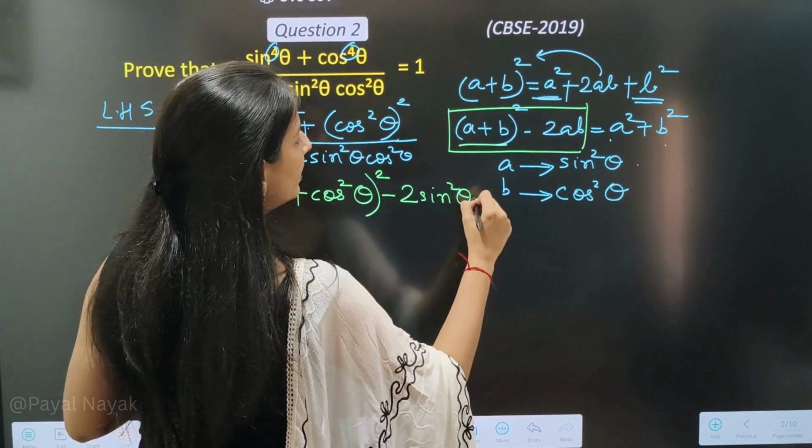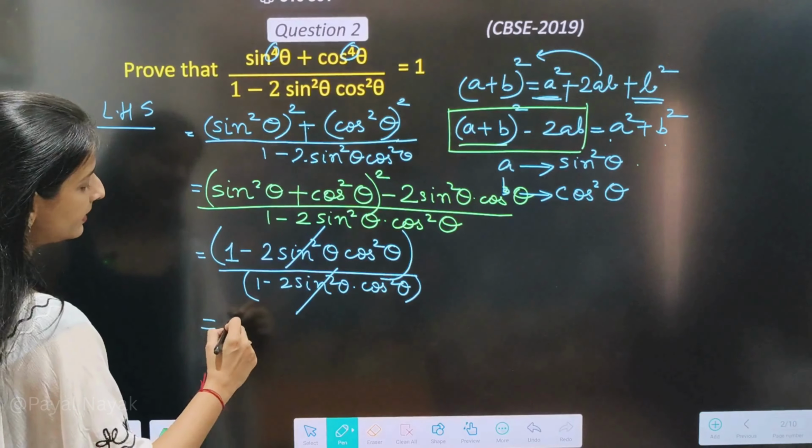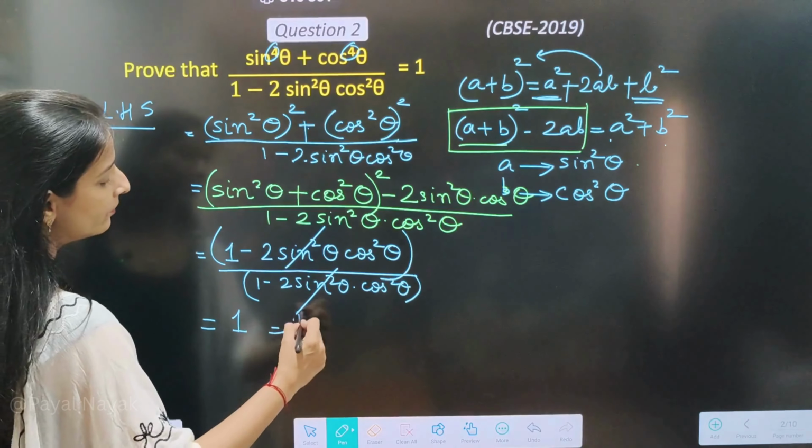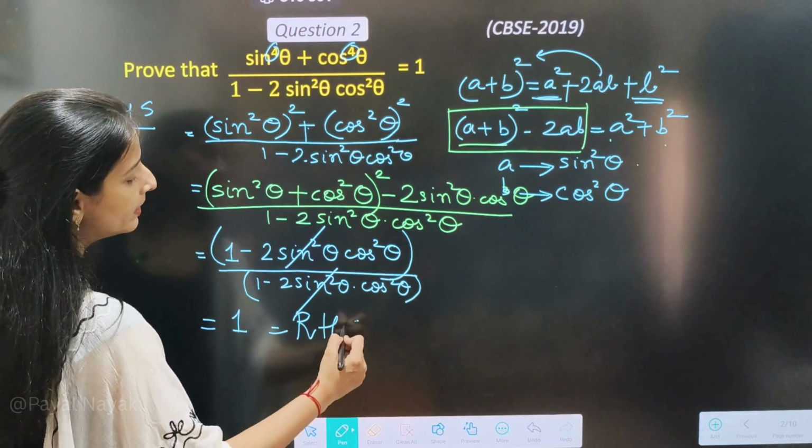This entire bracket in the numerator is equal to the bracket in the denominator. So can I cancel it? Yes. And this is equal to 1, which is equal to my RHS. So did you understand this sum? So how easy it was, but the only thing you need to remember is this particular step, that is this formula. Okay, so please mark it as important.